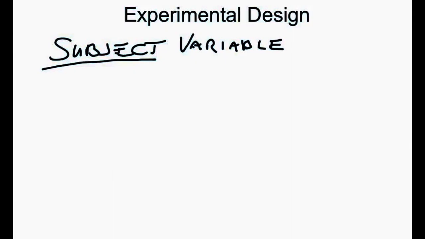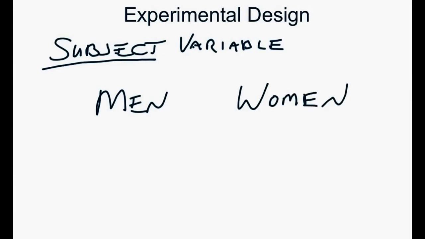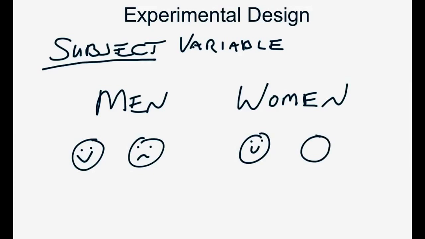For example, if I wanted to look at emotion recognition between men and women, I would find a group of men, I would find a group of women, and I would show them faces displaying different emotions and measure how quickly it took them to identify what emotion was being expressed. Now suppose that I find a difference. Suppose that I find that women have better or faster emotion recognition times than men. What's the reason for that?